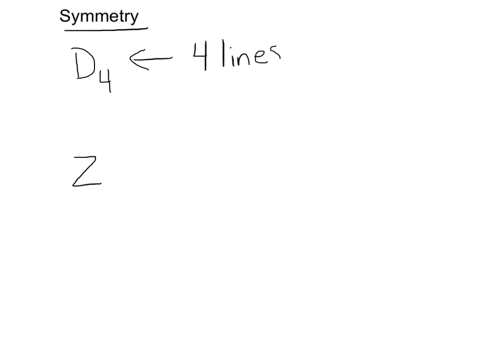The last thing we're going to look at, and this might be the most difficult just because it's symbols and just because we're talking about ways to represent it, is the idea of symmetry. We're going to use the letter D for symmetry, and we're going to use the letter Z. If you have symmetry D sub 4, what this simply means is there are 4 lines of reflectional symmetry.